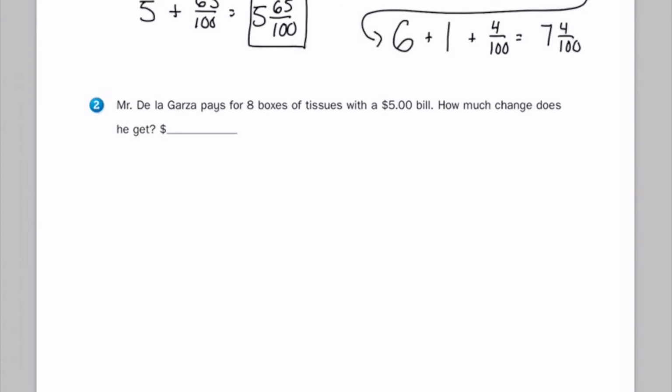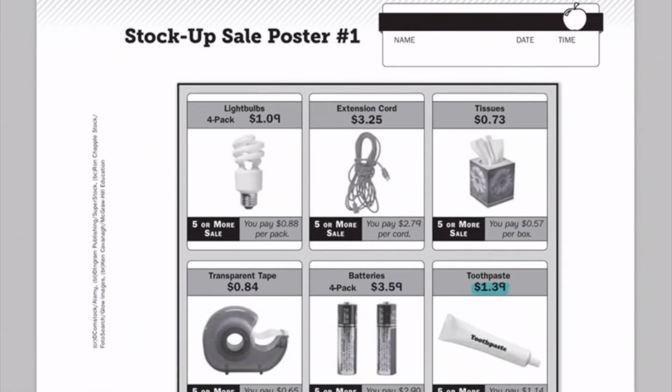Mr. De La Garza pays for 8 boxes of tissues with a $5 bill. How much change does he get? So again, this is a multi-step word problem. We're going to go back to our poster and look at how much a box of tissues is at the discounted price.